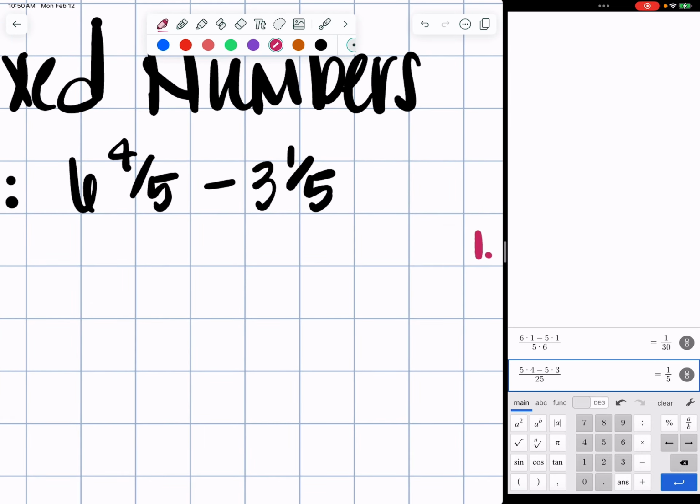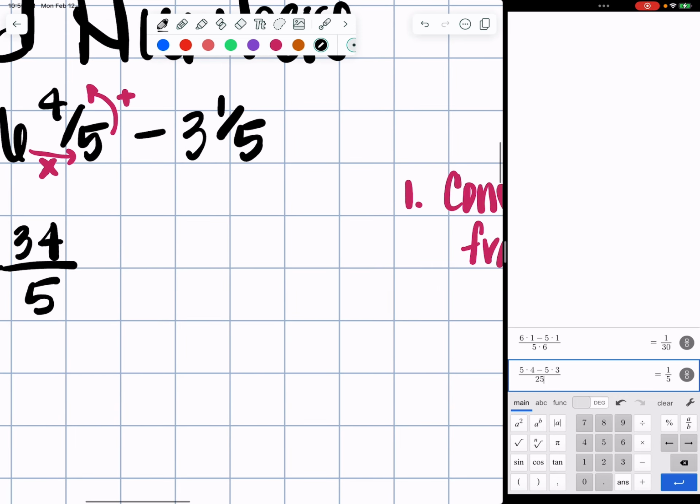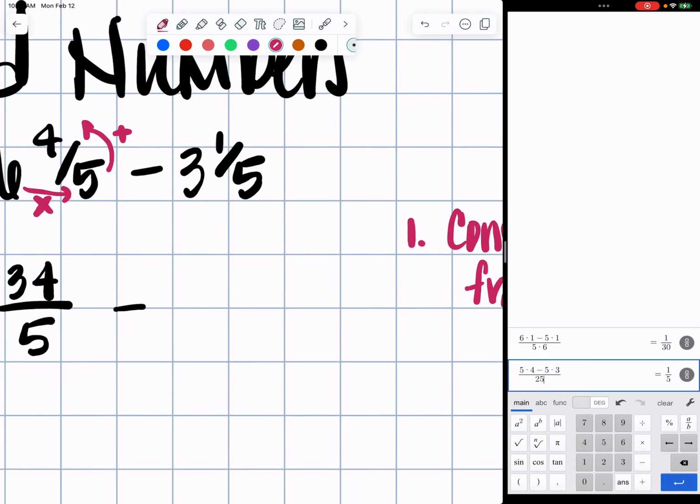So to do that, I'm going to multiply 6 times 5 and then add the 4. Well, I know that 6 times 5 is 30 plus 4 is 34, and I keep the denominator the same. I'm going to keep my subtraction symbol, and then I'm going to do the same thing with the 3 1/5.